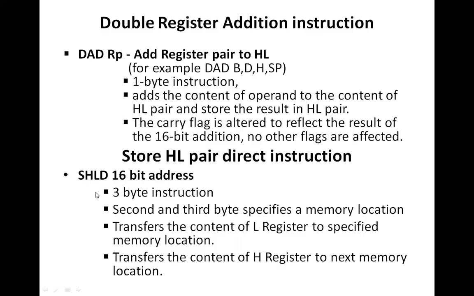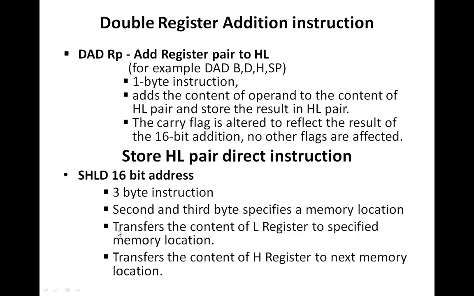What it does is first transfer the content of the L register to the specified memory location, and then transfer the content of the H register to the next memory location. For example, if it is written SHLD 8500, then 8500 is given by the second and third bytes, specifying the memory location 8500.